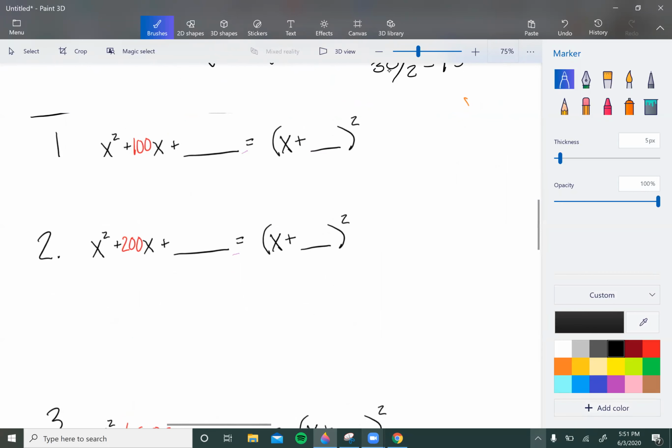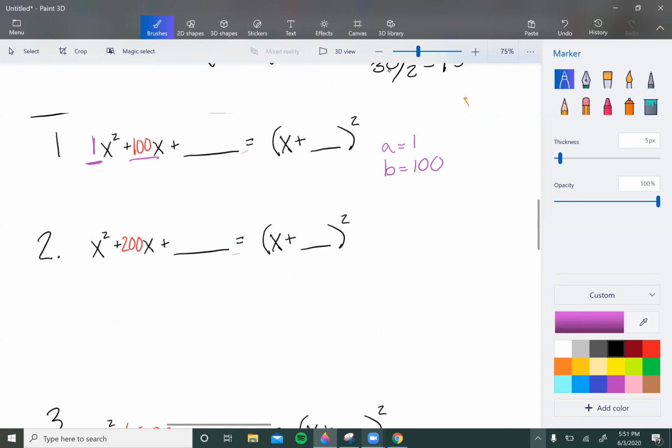We have x squared plus 100x plus blank equals x plus blank squared. So let's identify our variables. Our a right here is 1. Our b right here is 100.